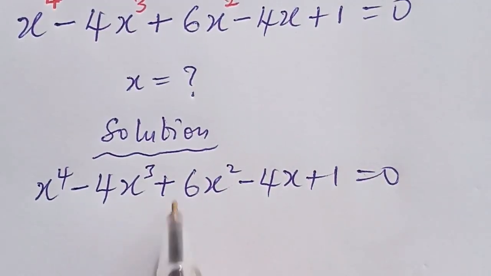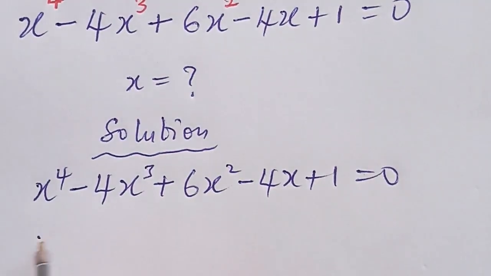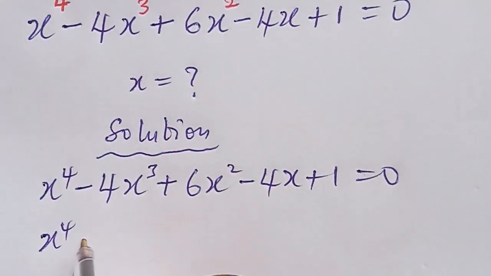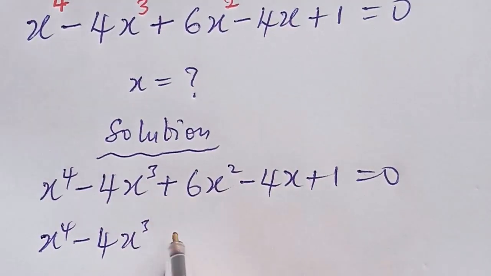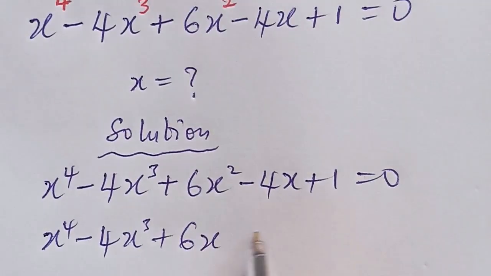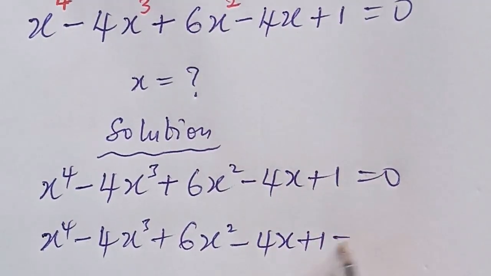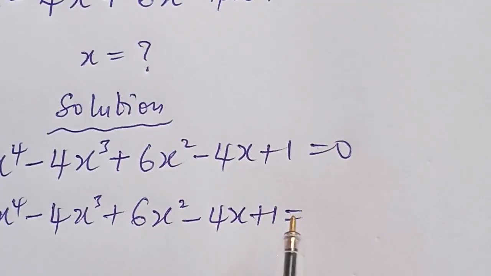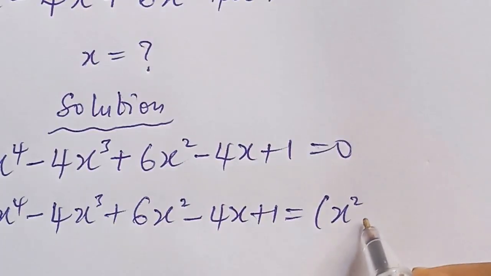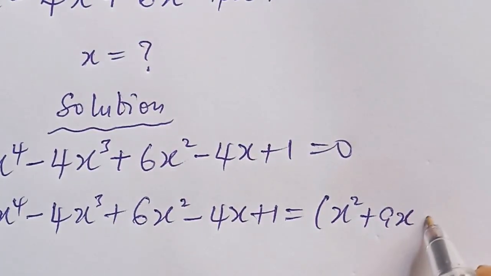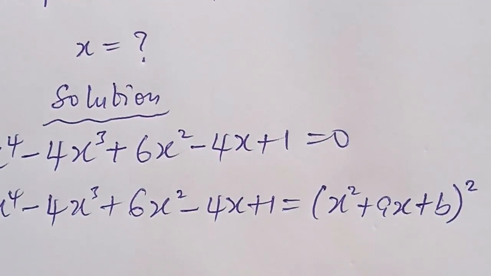So we are going to assume this equation, x to the power of 4 minus 4x to the power of 3 plus 6x squared minus 4x plus 1, to be equal to (x squared plus ax plus b) to the power of 2.